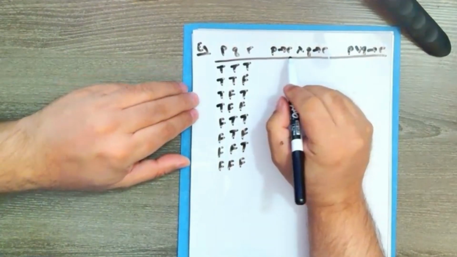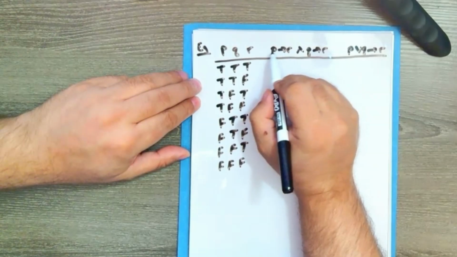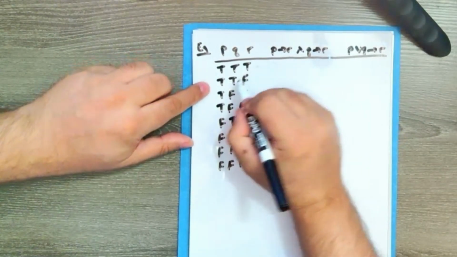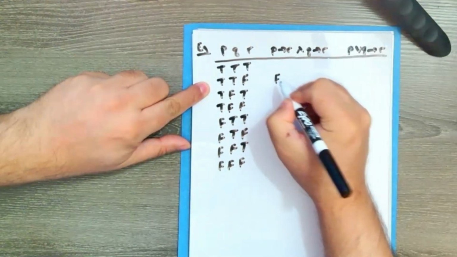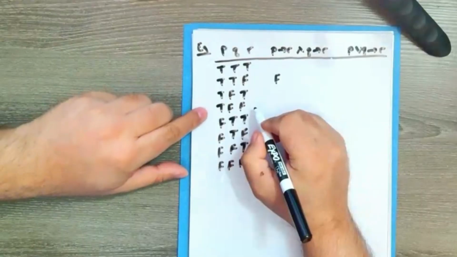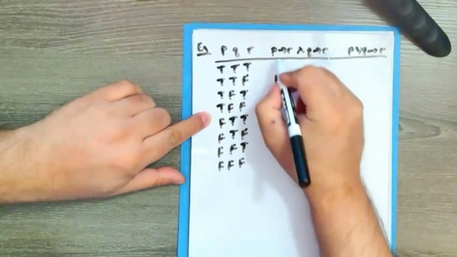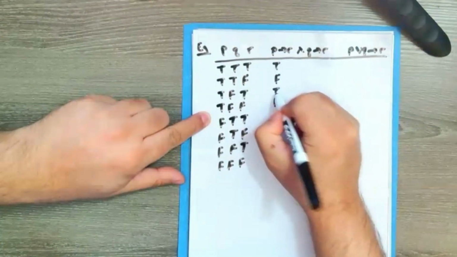So beginning with the first statement, P implies R is false when P is true and R is false. So that's this case and this case. In every other case, this implication is true.